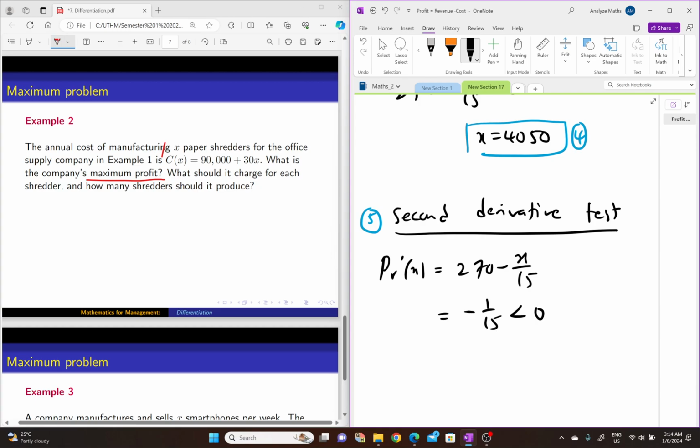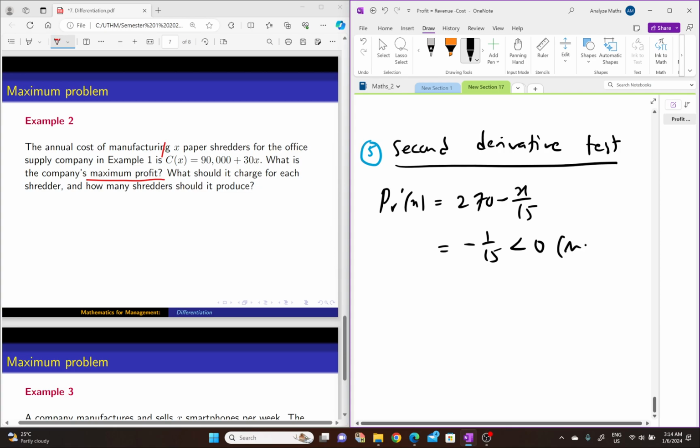This is less than 0. Less than 0 always gives you maximum. Proven, that x will give you maximum profit.